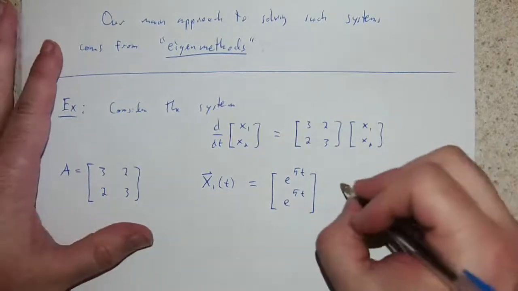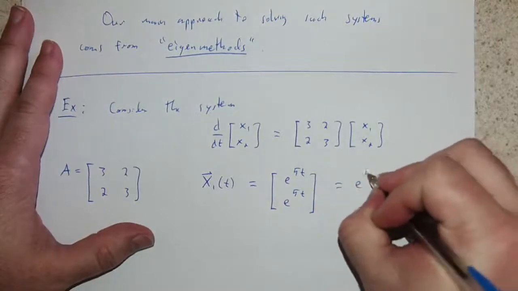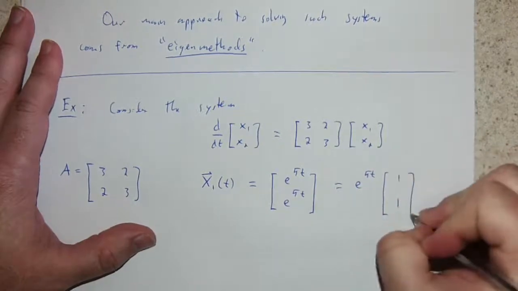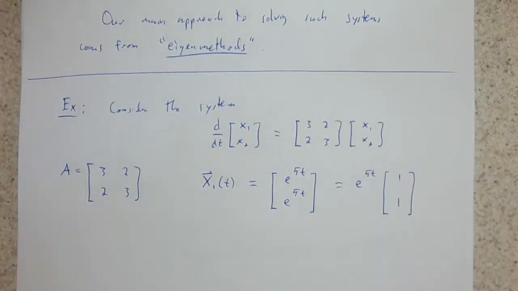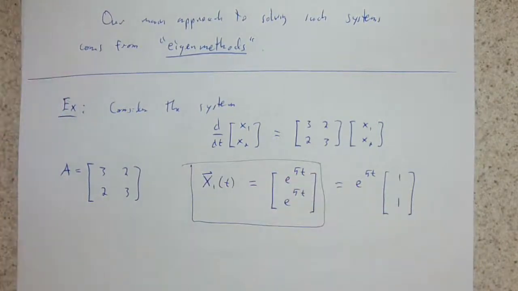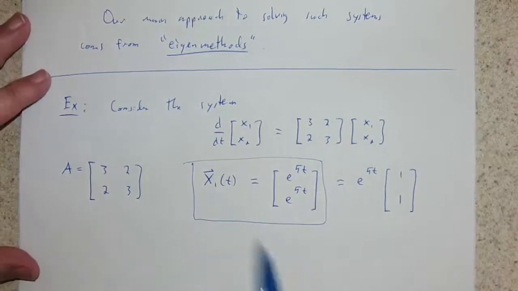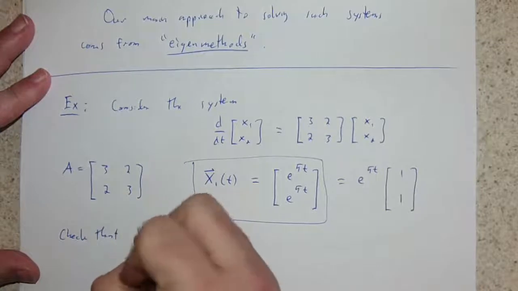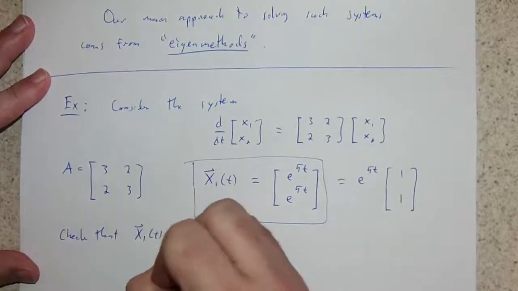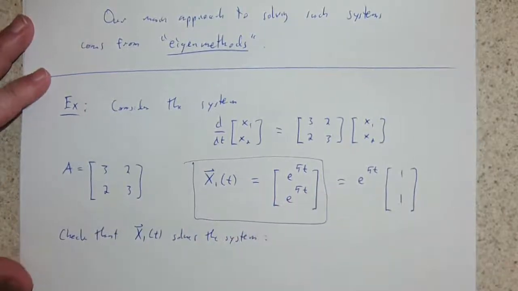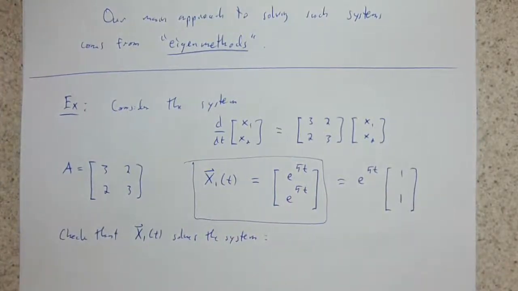Now, a simpler way of writing this technically would be as e to the 5t times the vector 1, 1. That is perfectly valid, but I'm going to take this for now. Let's check that big X1 actually solves this system.